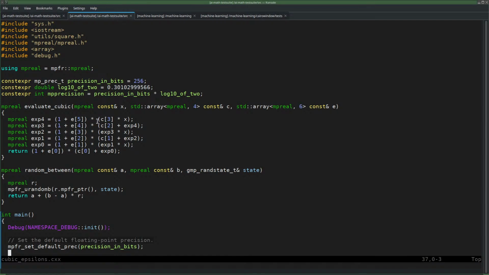But every time you do an operation like that, a possible round-off error happens, meaning that the result is calculated with 256 precision, so it is way more precise than a double.